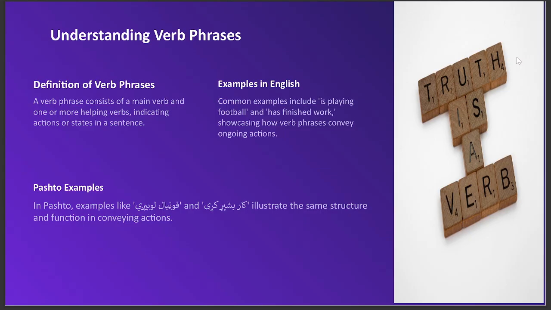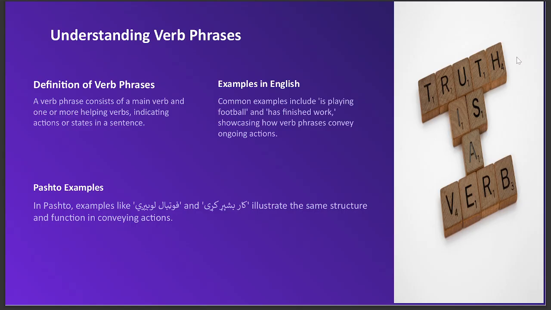Now, understanding verb phrases. A verb phrase consists of a main verb and one or more helping verbs, indicating actions or states in a sentence. Examples from the English language are "is playing football" and "has finished work."